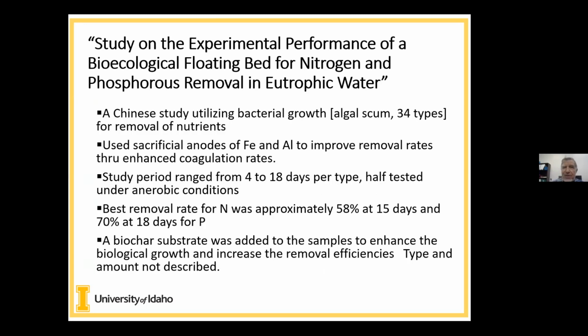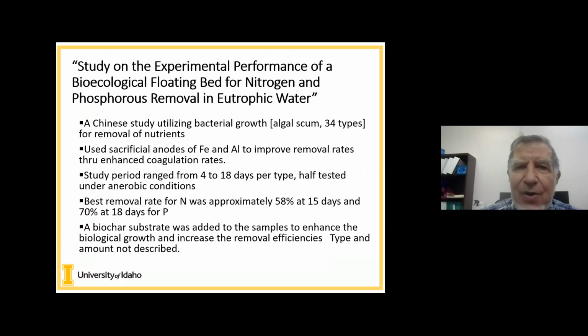Our first RPA is entitled A Study of the Experimental Performance of a Bio-ecological Floating Bed for Nitrogen and Phosphorus Removal in Eutrophic Water. This is a Chinese study, and it's using 34 different types of algae, which they call bacterial growth, to remove nutrients. To improve the efficiency, they used sacrificial anodes of iron and aluminum to improve the removal rates through enhanced coagulation.